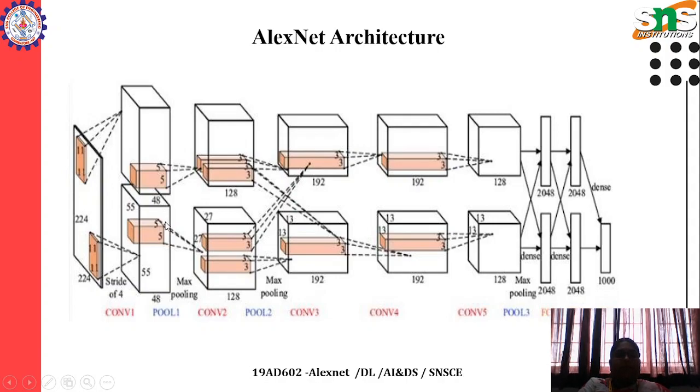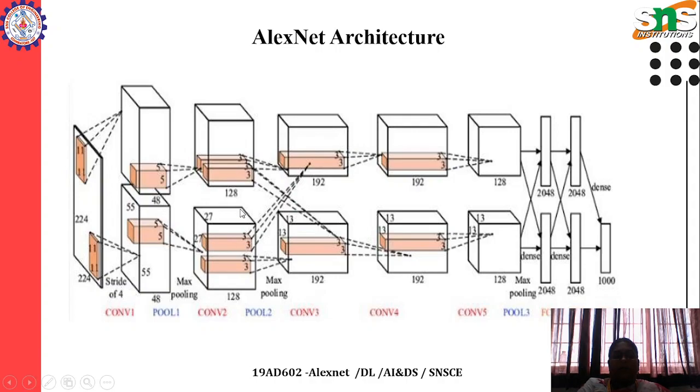The next will be the pooling layer. There are 3 pooling layers: pooling 1, pooling 2, and one more, pooling 3, which is represented as max pooling. All these terms I'll be explaining in the next video.